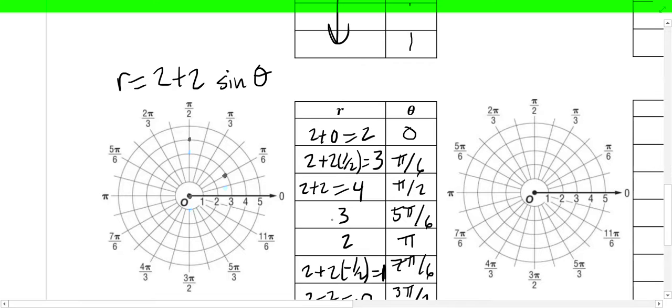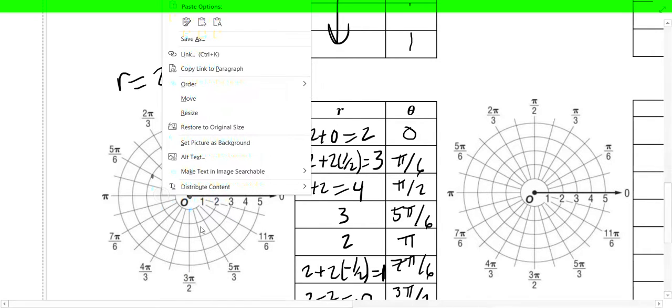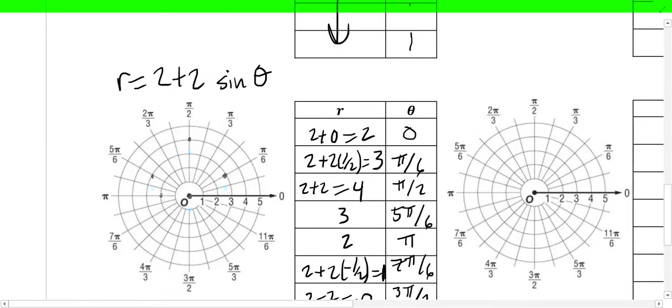At 5 pi over 6, it's 3. At pi, it's 2. And at 7 pi over 6, it's 1.